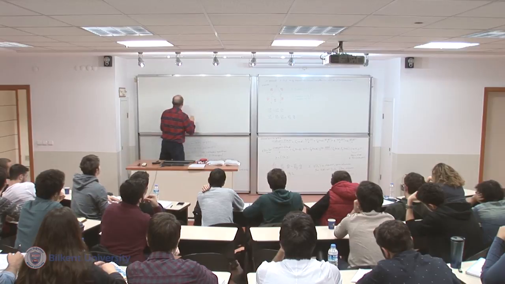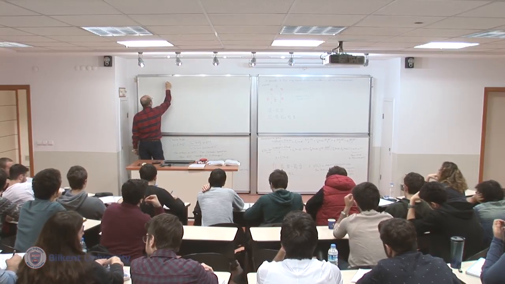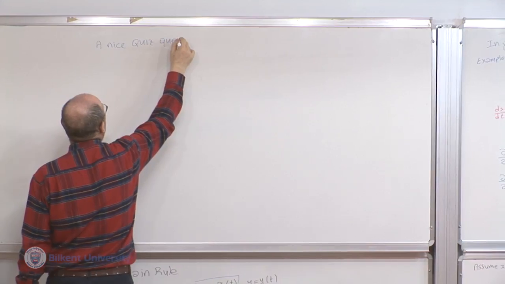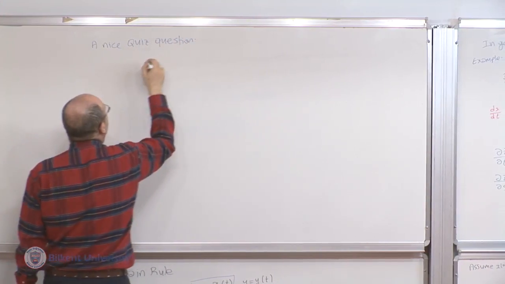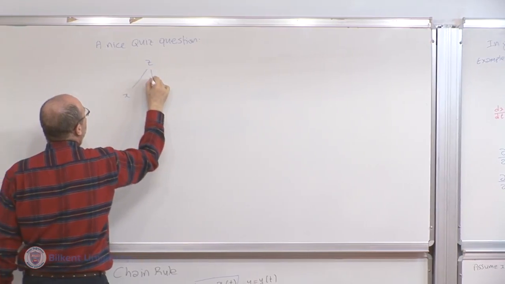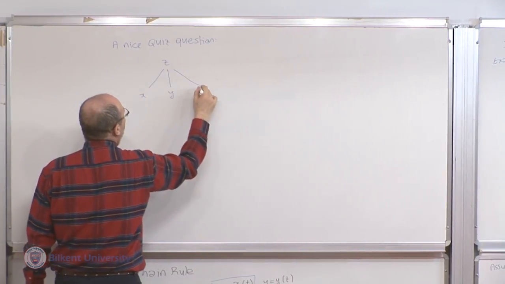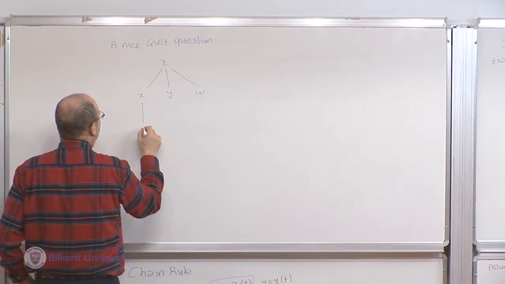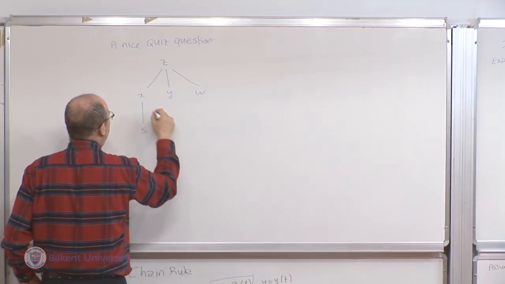Okay, so suppose now a nice quiz question. z is a function of, say, x, y, and, let's say w. x is a function of s and t.